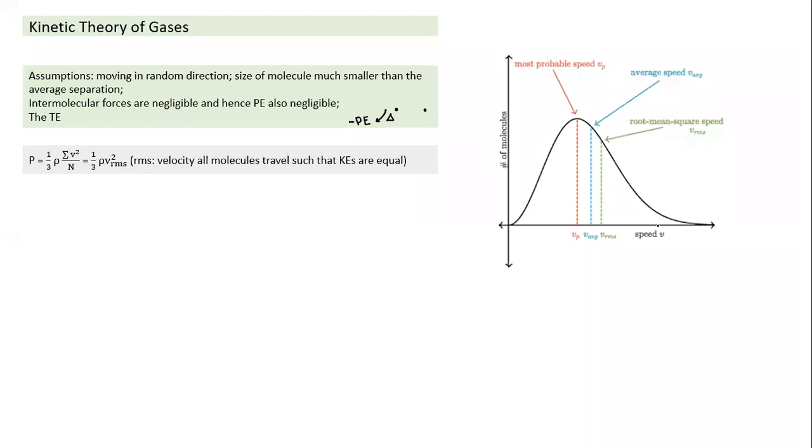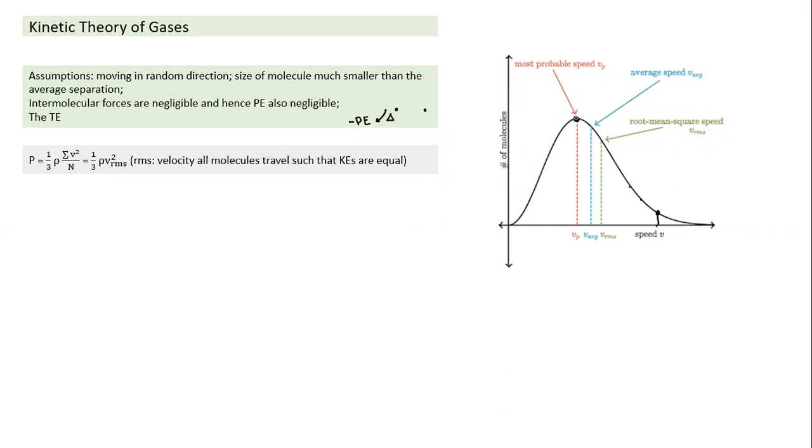For this particular velocity, this is the fraction of molecules traveling at this speed. At very high velocity also, there is a very small fraction of molecules traveling at a speed much higher than the mean velocity. And at this particular velocity, the maximum fraction of molecules are traveling.